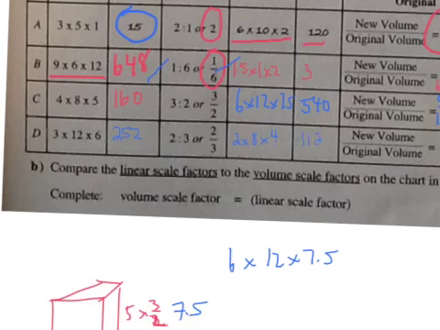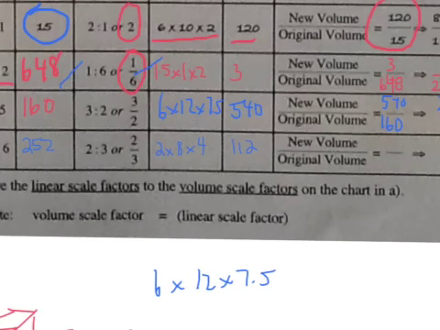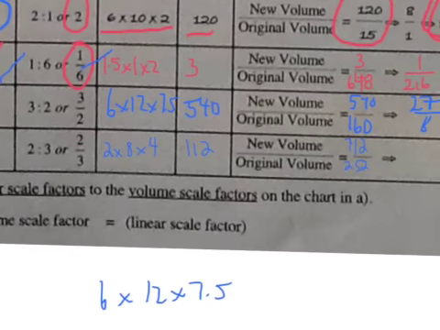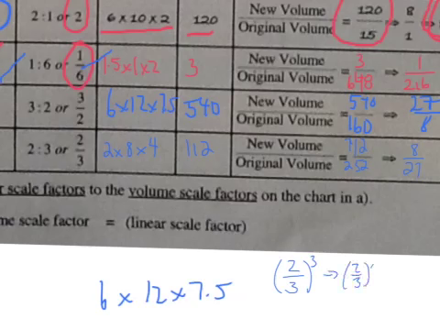If we take our new volume, 112, and divide it by the original volume of 252, you'll get, if you reduce it, a volume scale factor of 8 over 27. And again, that would be 2 over 3 cubed equals 8 over 27. Okay?